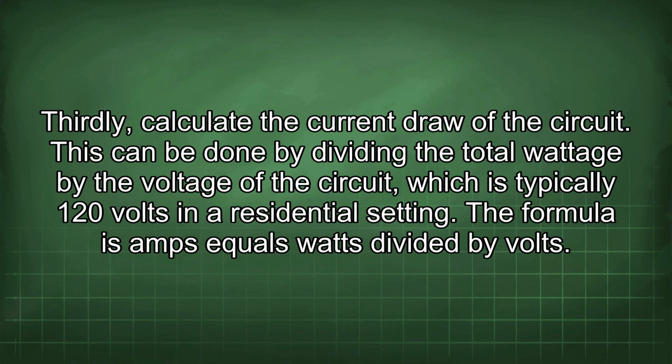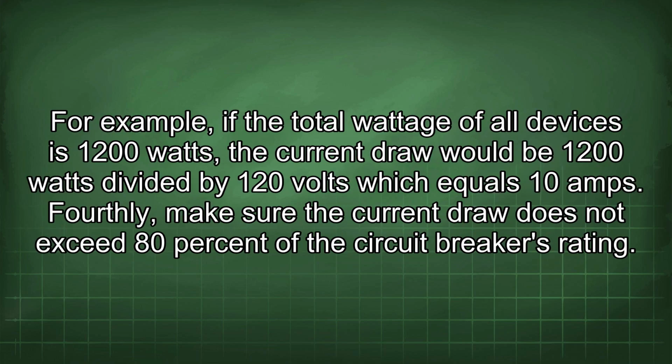This can be done by dividing the total wattage by the voltage of the circuit, which is typically 120 volts in a residential setting. The formula is amps equals watts divided by volts. For example, if the total wattage of all devices is 1200 watts, the current draw would be 1200 watts divided by 120 volts, which equals 10 amps.